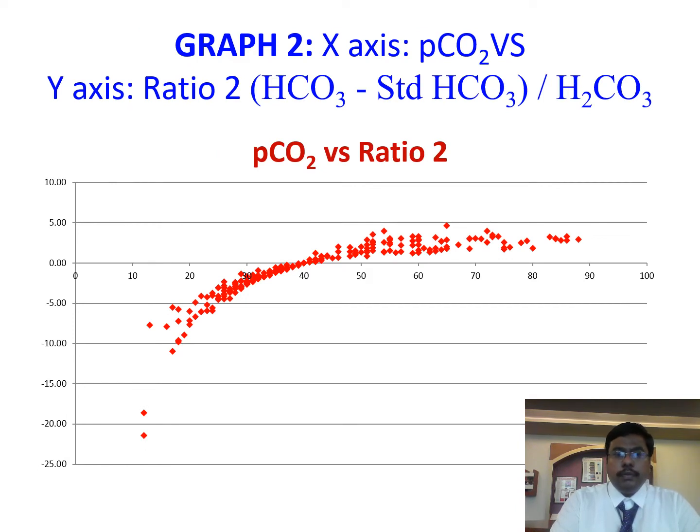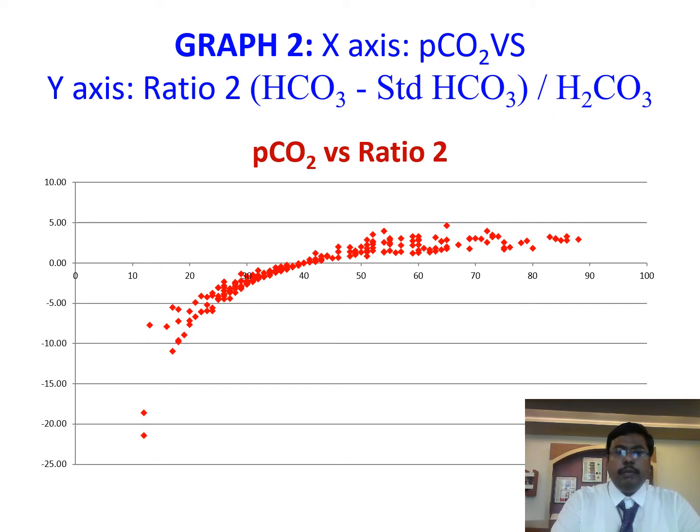In graph 2, the relation between PCO2 and ratio 2 is clearly shown. As PCO2 increases, the ratio 2 also increases, and the value is greater positive for PCO2 more than 40 and the values are negative for PCO2 lesser than 40.